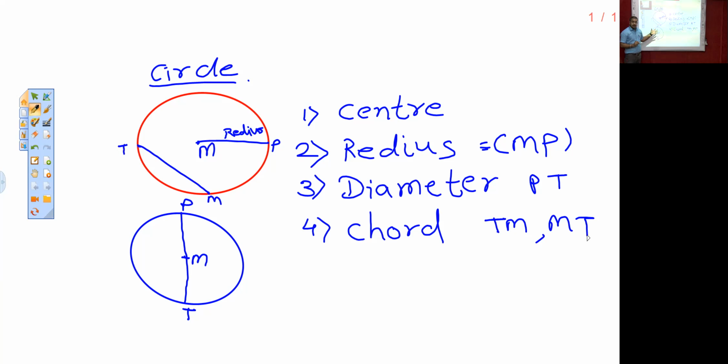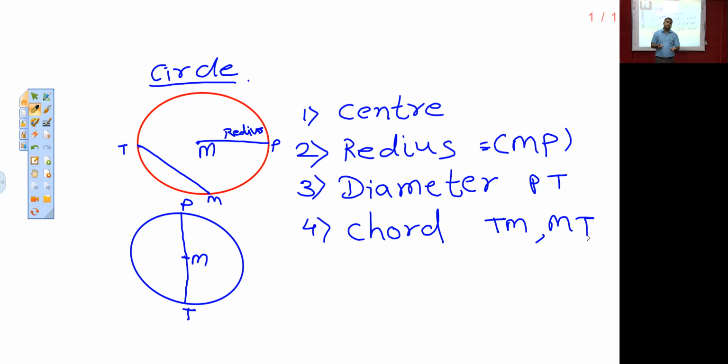So you can understand the basic concept of circle. First, the center of the circle is called the center of the circle. Radius means one point is the center of the circle and the second point is on the circle. So the radius given here is MP.